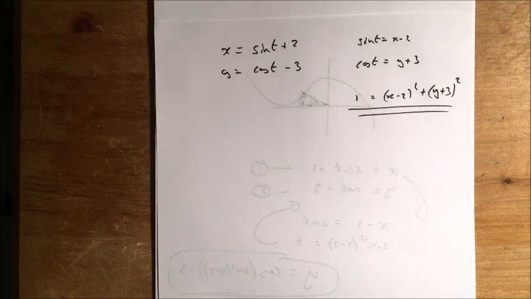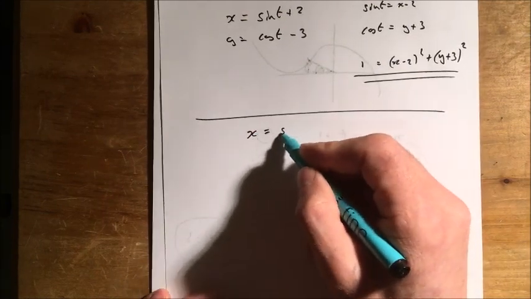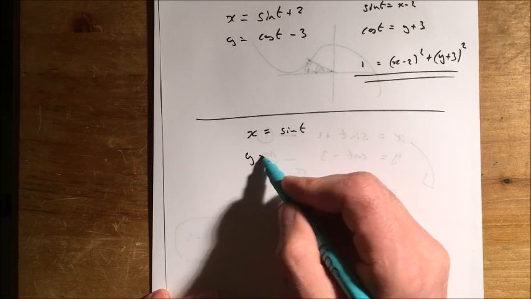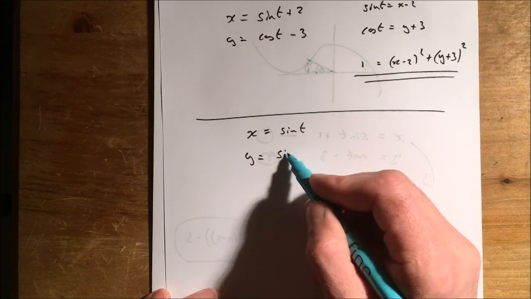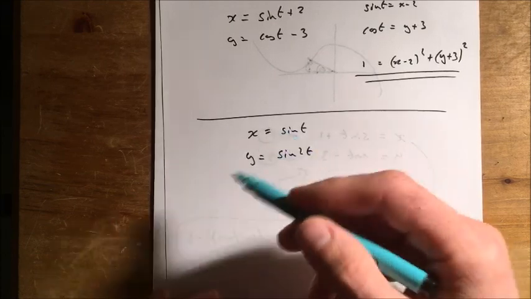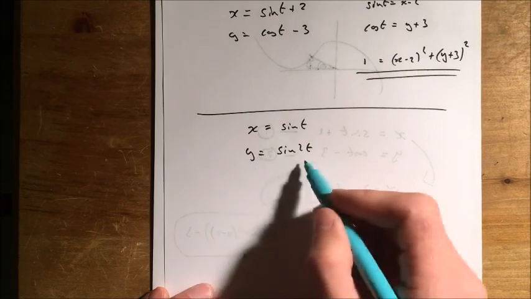More often, what we'll do will be something like in example 4, and this is a very useful trick now, I think. x equals sine t and y equals sine 2t. If you've got a sine t or something in terms of sine t, or a cos t or something in terms of cos t, you tend to leave that one alone, and let's deal with the other one.